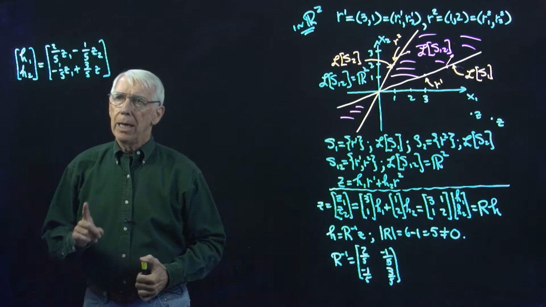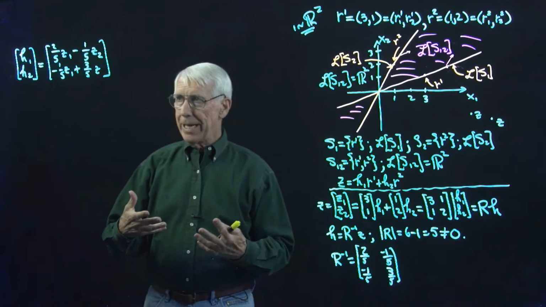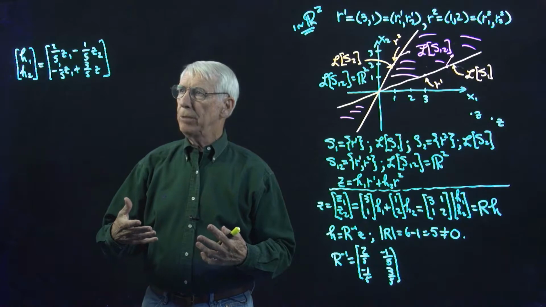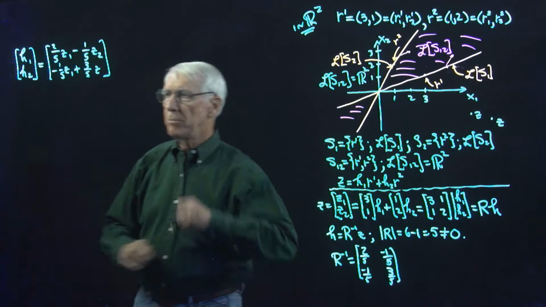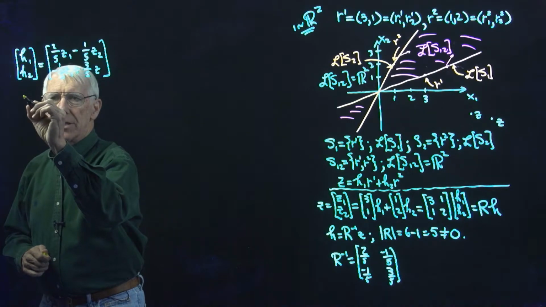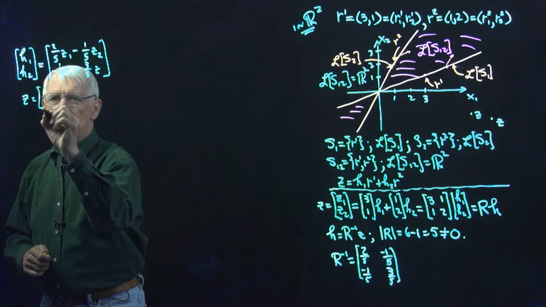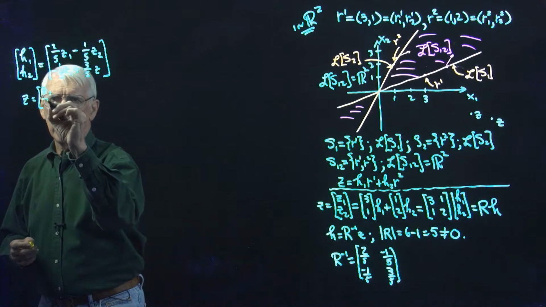And so let's just go one step further with this numerical example here and actually put in some numbers for Z. Let's say that what I want to do is obtain the vector Z. I'll write it as a column vector.